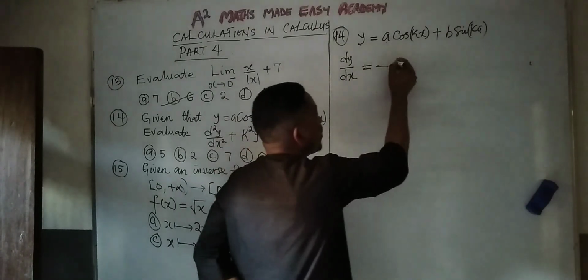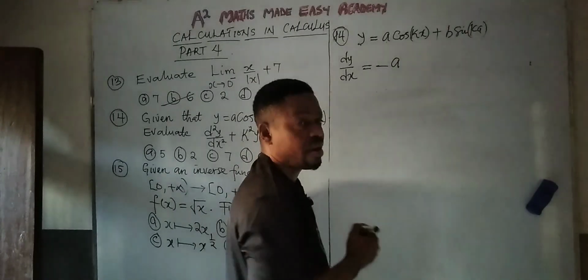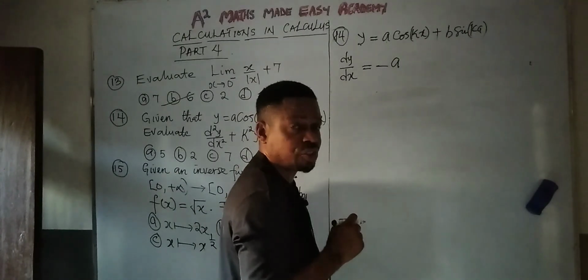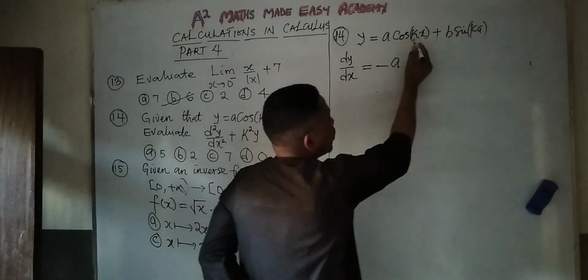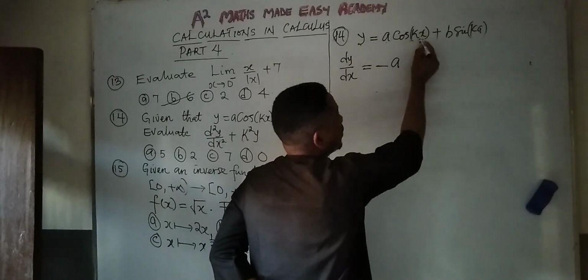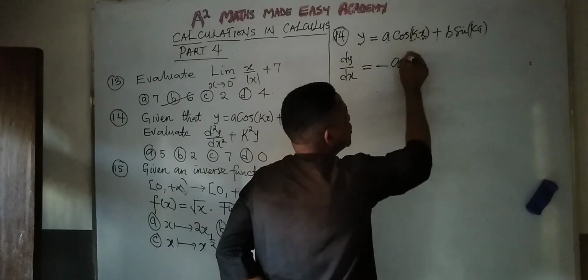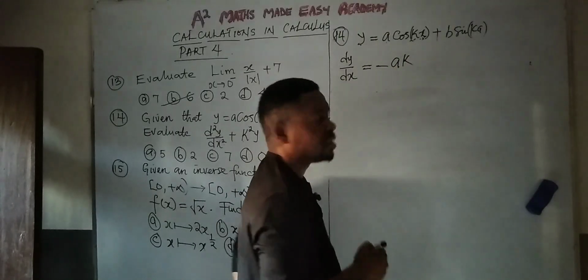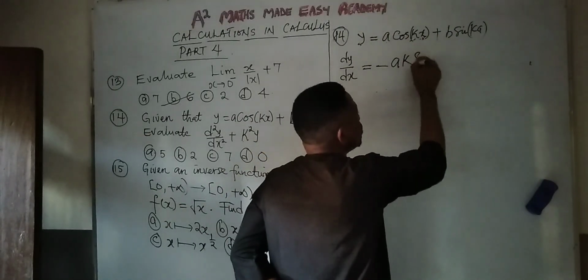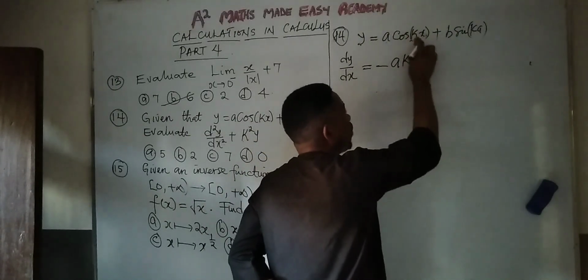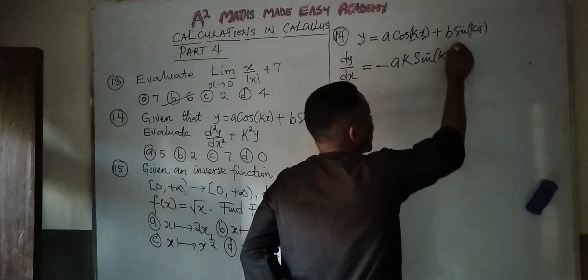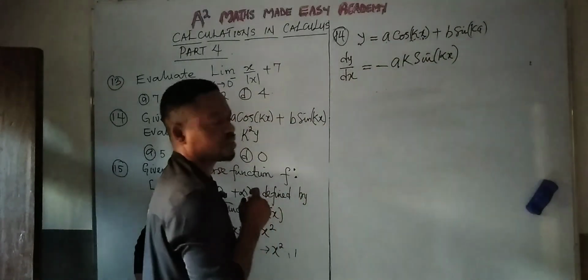Then this constant A, bring it down because it's attached to the function. Then first of all differentiate kx. What will kx give you? It will give you k. Then what is cos? Cos is sine. Repeat the function, kx. I am done with this part.